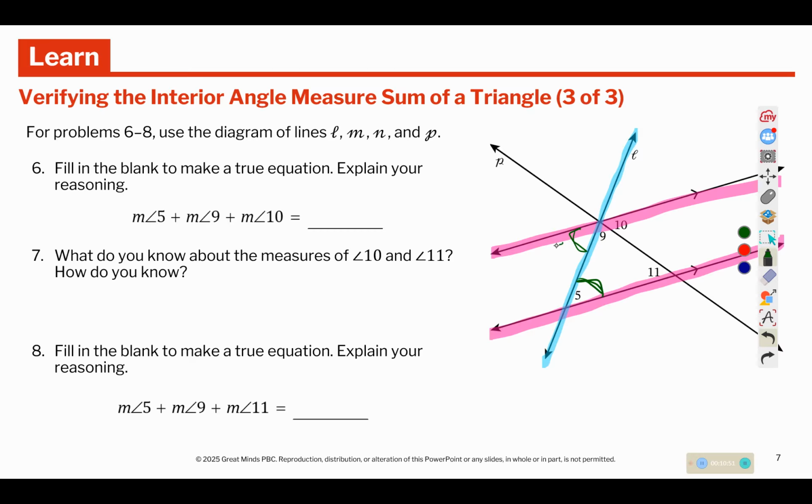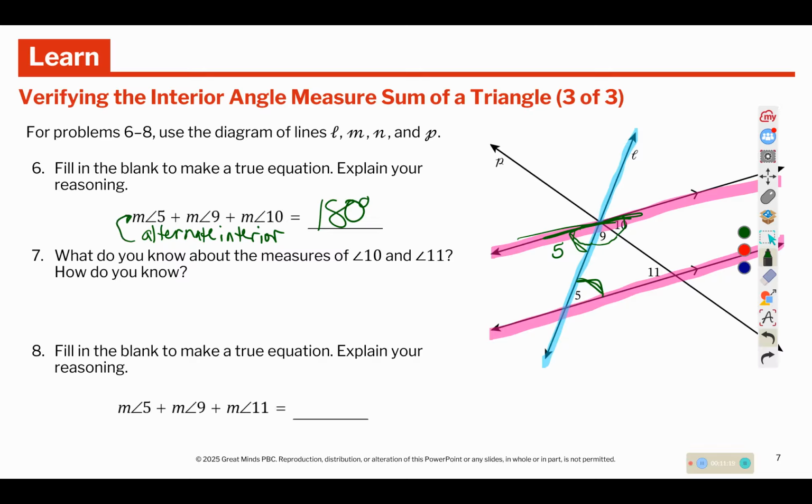So 5 is the same as this angle here because they are alternate interior. Then angle 5 plus angle 9 plus angle 10 makes a straight line, so they must equal 180 degrees. And that was by alternate interior for angle 5.